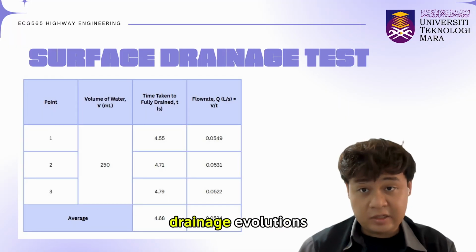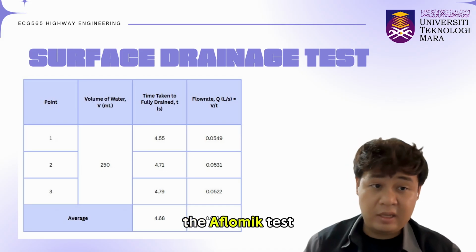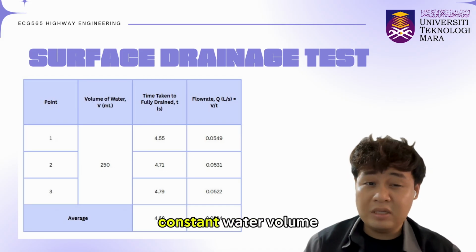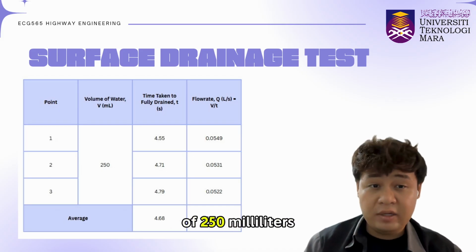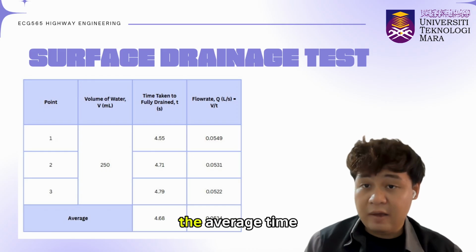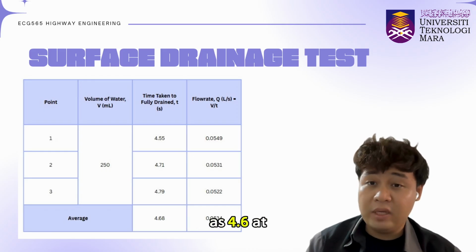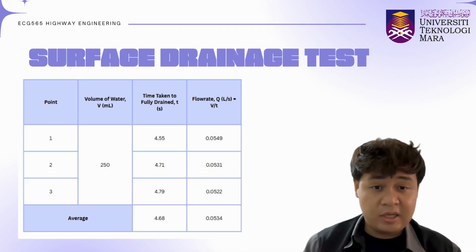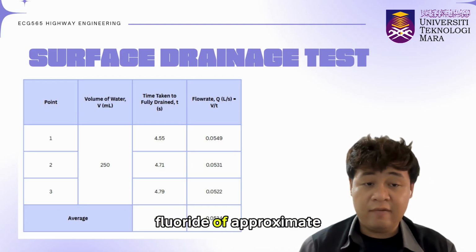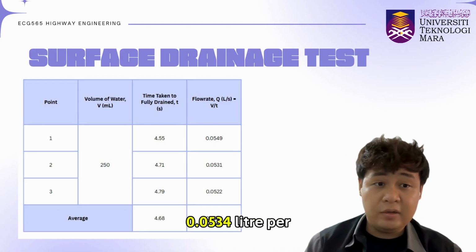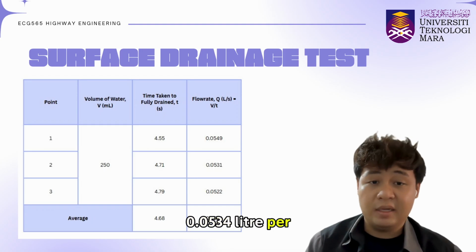For the surface drainage evaluation, the outflow test was conducted using a constant water volume of 250 ml. The average time taken for the water to fully drain was recorded as 4.68 seconds, resulting in an average flow rate of approximately 0.0534 liters per second.